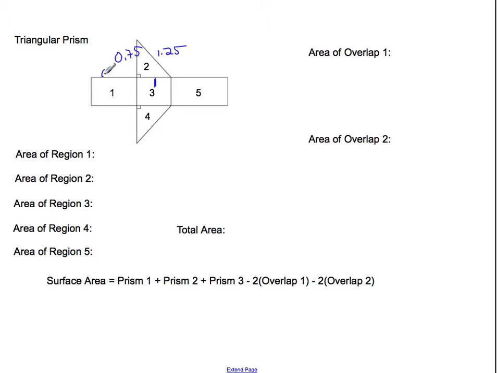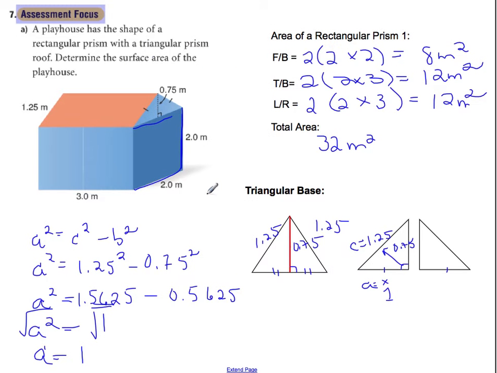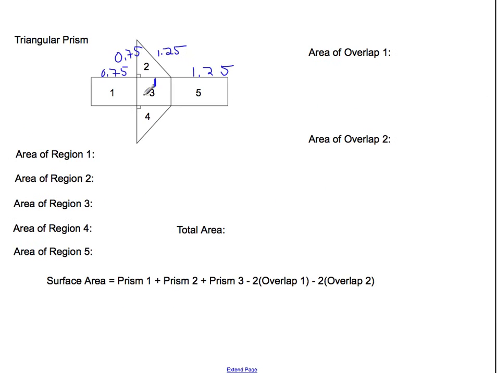That means that this is 0.75, and this is 1.25. And the height of our triangular prism is actually this length right here. We know that that's 3 meters. So this is 3, that's 3, and that's 3.